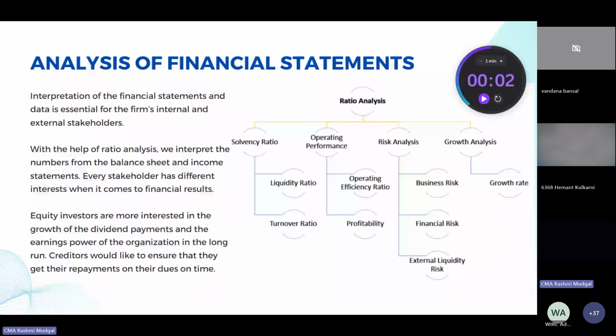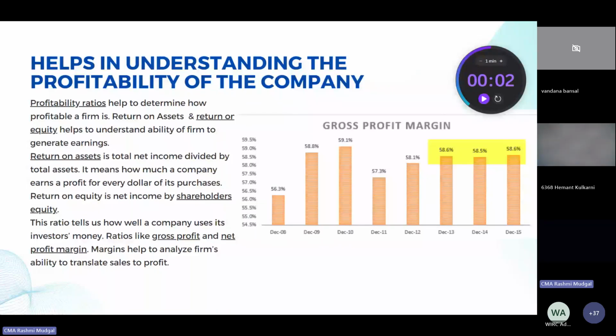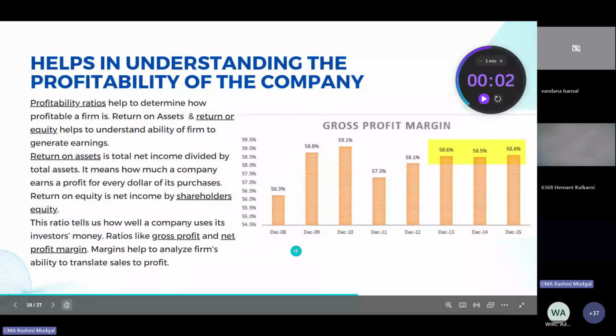Now comes how it helps in understanding the profitability of the company. When we think about the gross profit margin, we can discuss what profitability is. Here I have put a chart year wise, where we can see that from 2008 to 2009 there is a drastic increase in my gross profit margin.